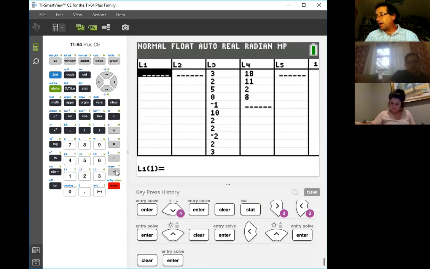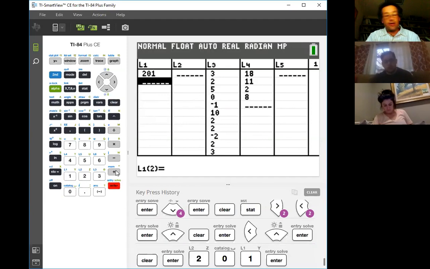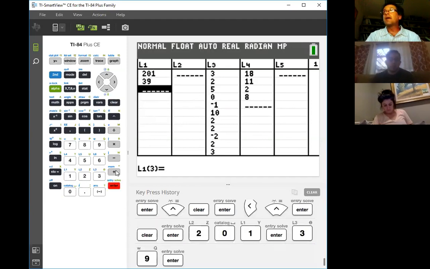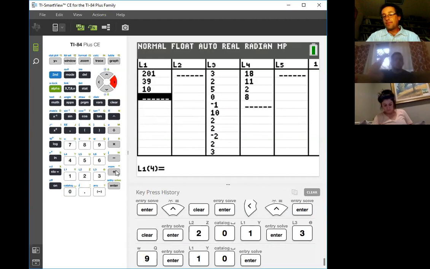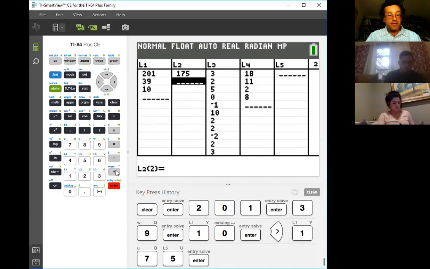Okay, I do L1 and L2. By the way, you have to make sure all the expecteds are bigger than 5. That's the requirement for sample size, just like we've had before with the yes-no question. It's bigger than 5 for expecteds. So L1 is 201, then 39 and 10. L2 was 175, 50, and 25.